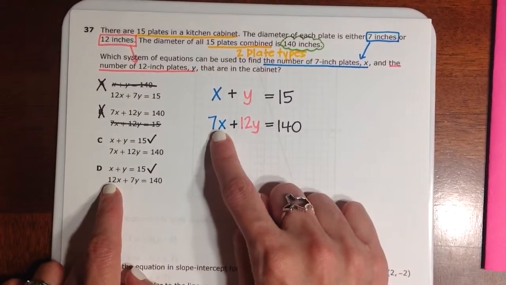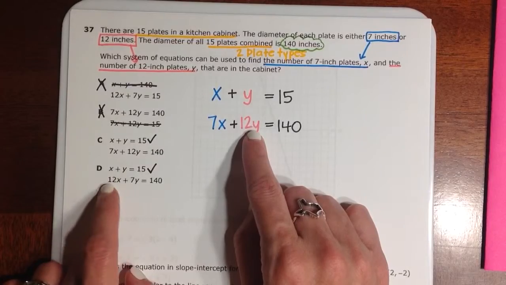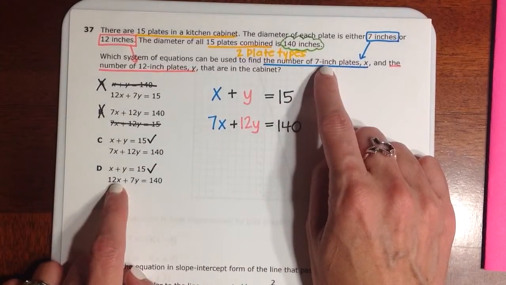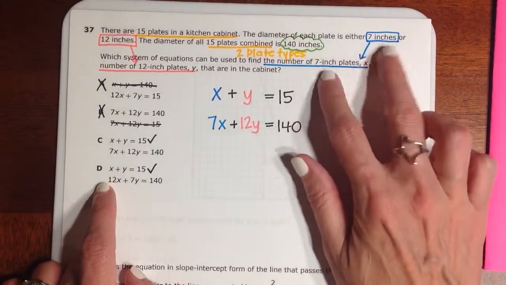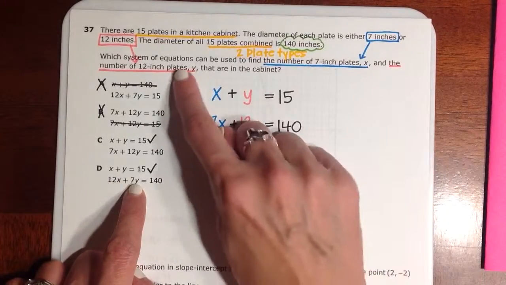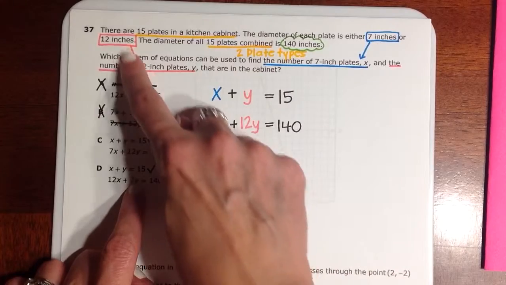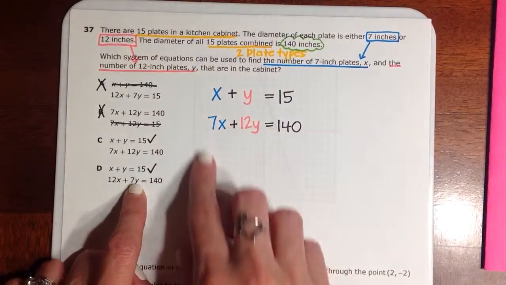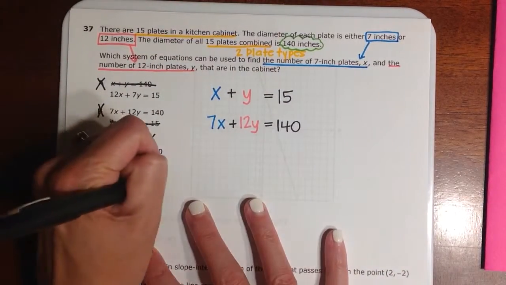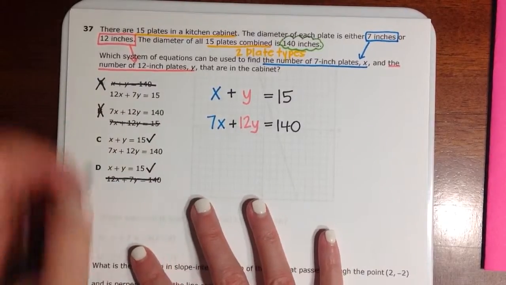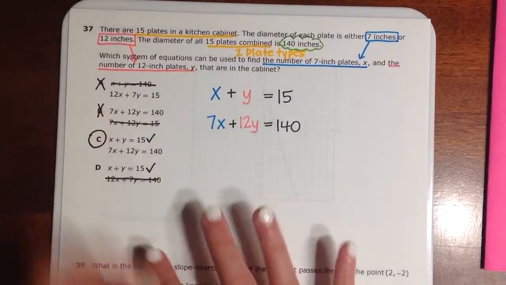And then look here, I've got 12x plus 7y. This is saying that the 7-inch plates get multiplied by 12, but those inches don't match up. And the number of large plates gets multiplied by 7, but that's not the number that goes with y. So D cannot be it, because the inches equation does not match, so the correct answer is C.